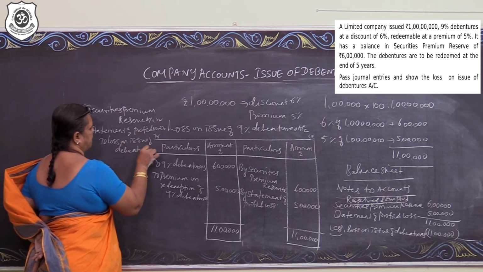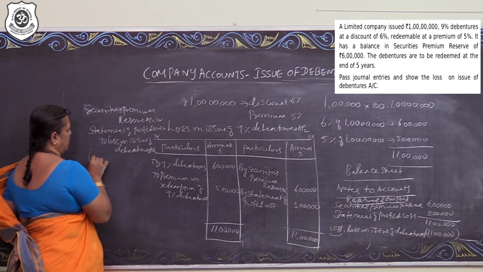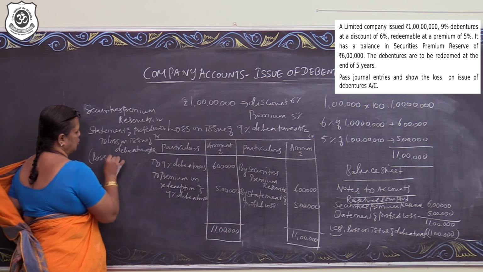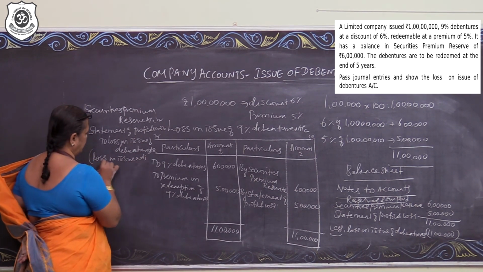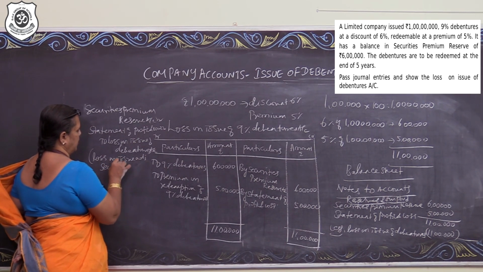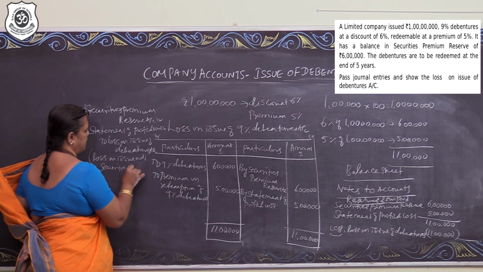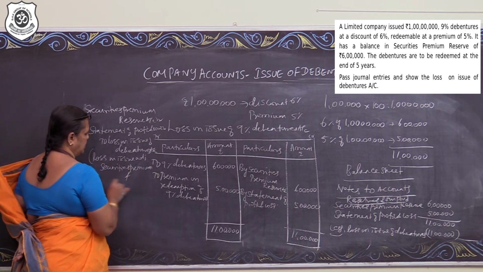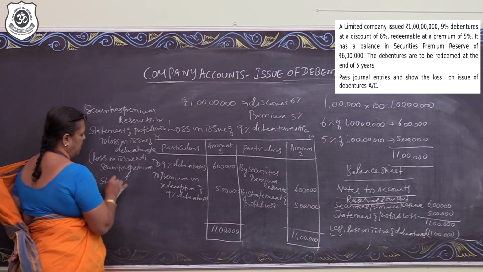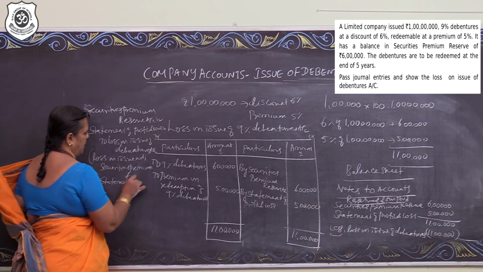That's all. Loss on issue adjusted to securities premium reserve and statement of profit and loss.